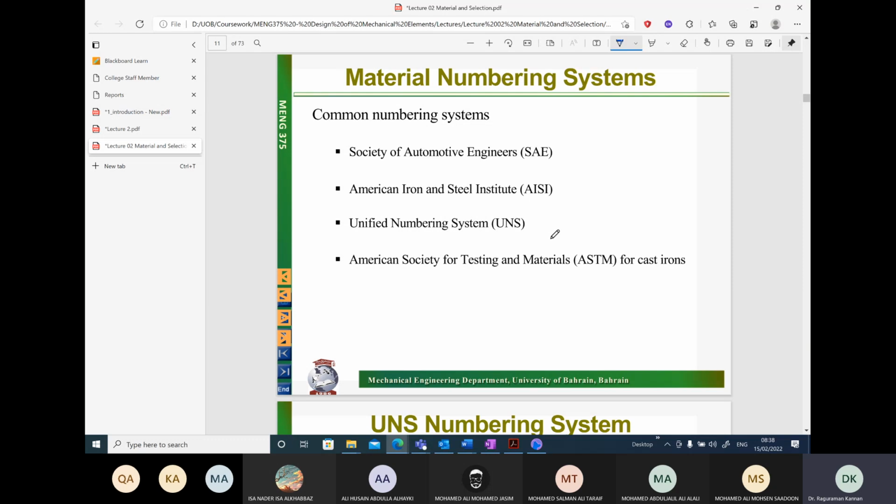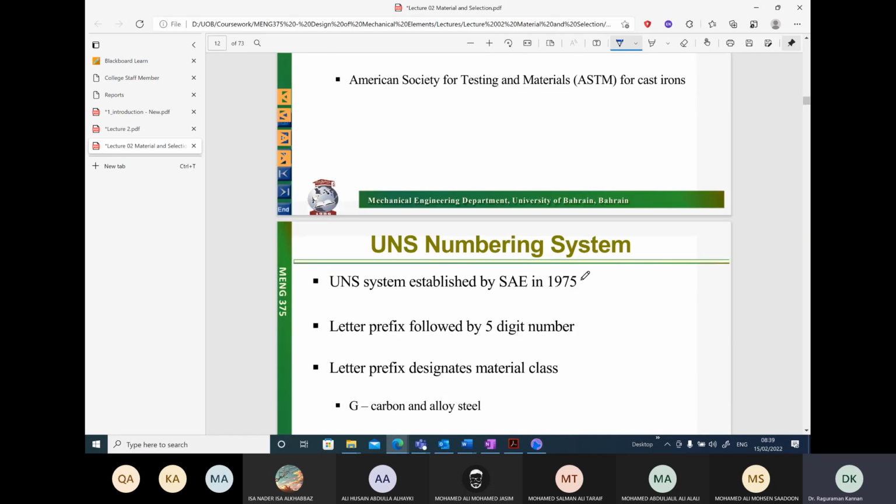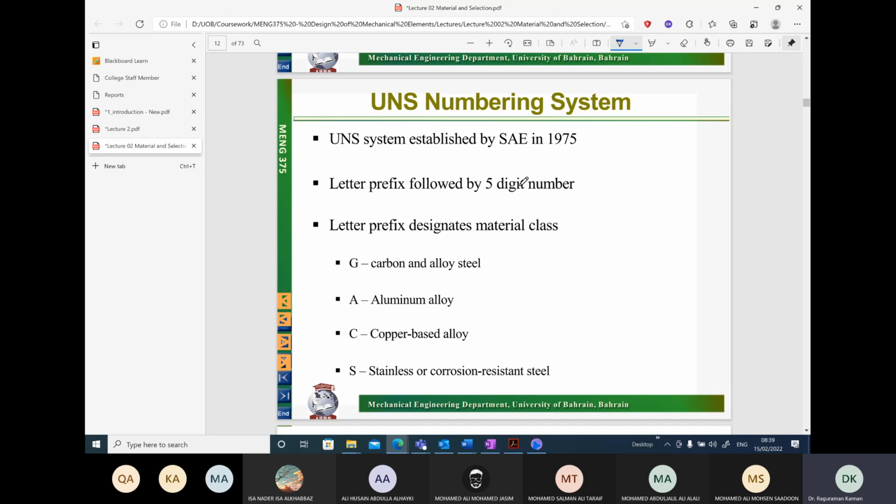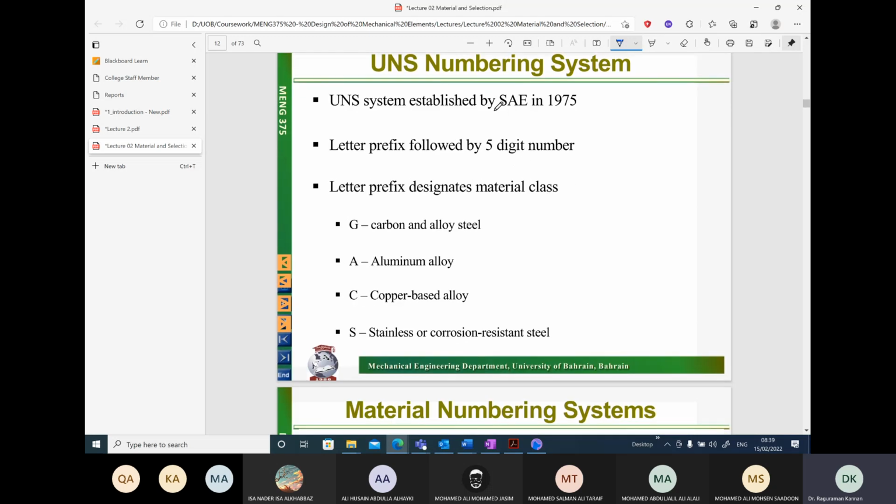AISI publishes its own standards. The UNS system is published by SAE and AISI together. ASTM also has its own specific standard. We are going to see specifically the Unified Numbering System, which was developed by SAE in 1975.